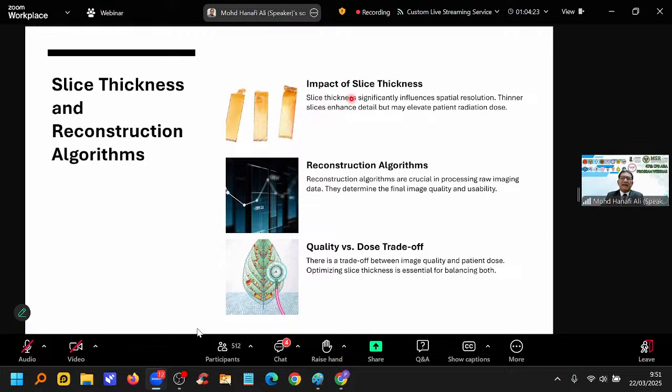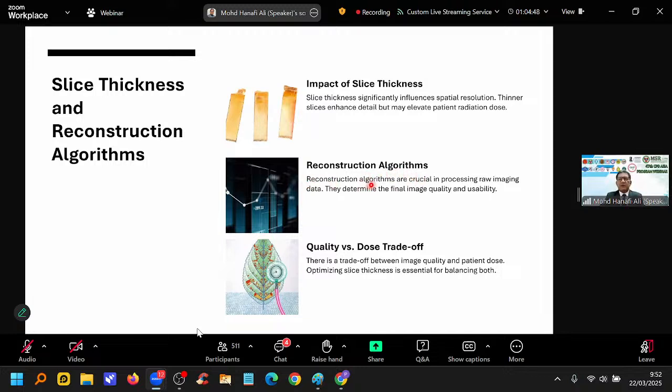Yeah. And if we have a good high subject contrast, for example anatomy contrast, then we can use a smaller slice to get a better resolution, or error from the calculation of the photons of the CT. Okay.